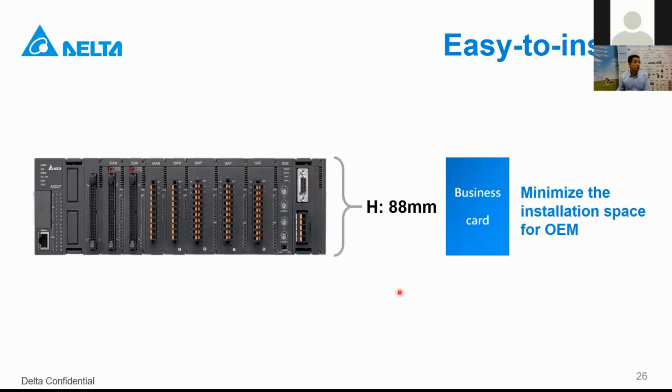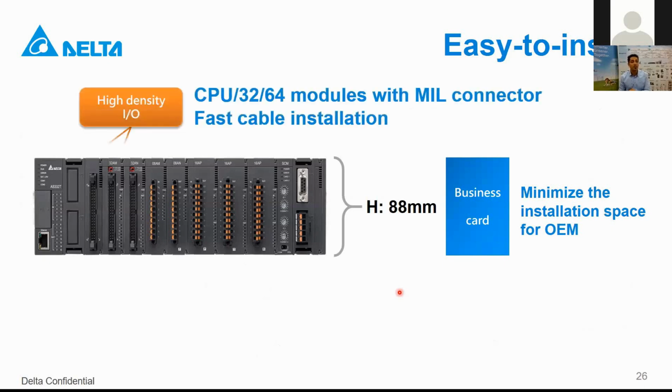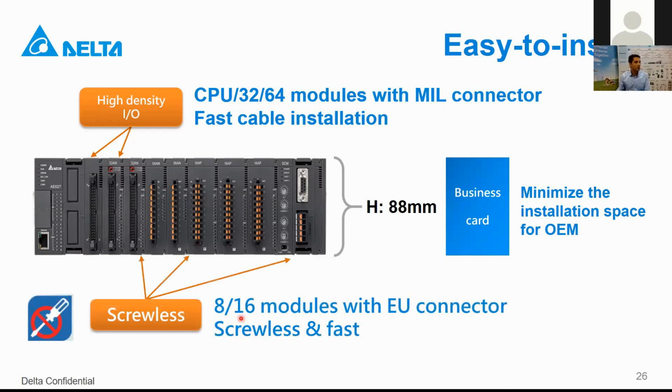And when we compare the size, it is quite small, which is an advantage especially for panel builders, as it will not take much space in the panel. Also, we support different connector types for digital inputs and outputs. For more than 32 digital IO points, we use a MIL connector. And for the 8 or 16 point modules, you can also prefer pushing modules.